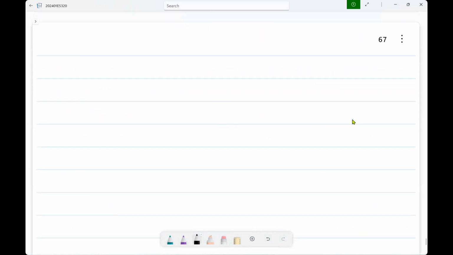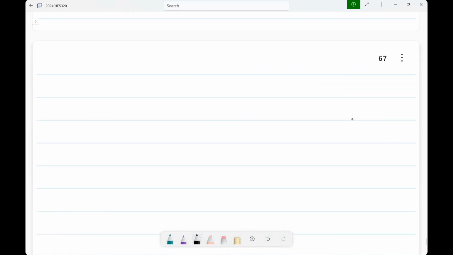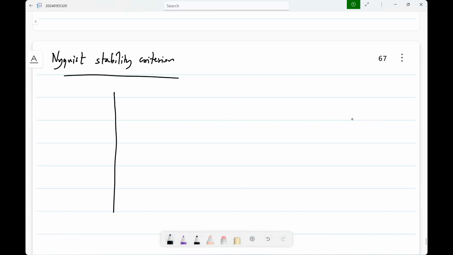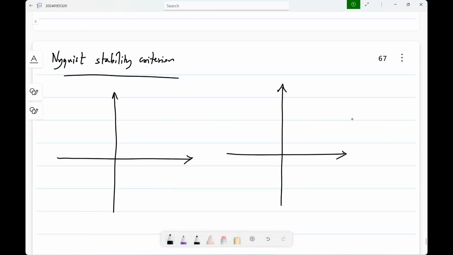How do they come about? Again, I won't go into the details, but basically, the mother of all stability criteria is the Nyquist stability criterion. If you have taken courses in complex analysis, you know that you can do lots of cool stuff with these transformations.